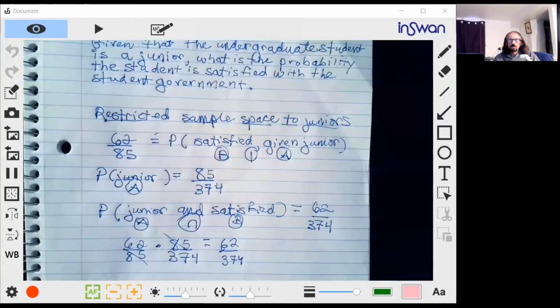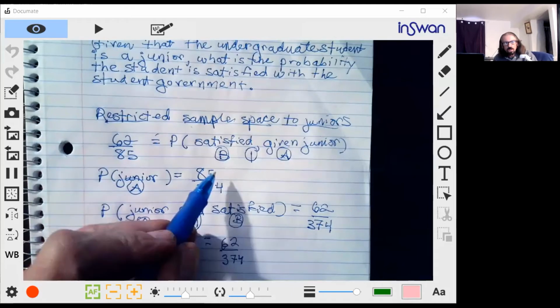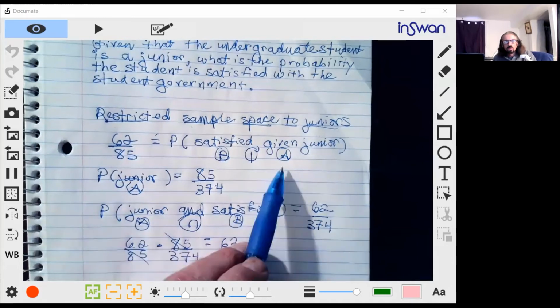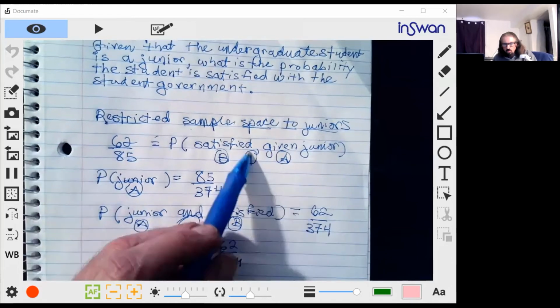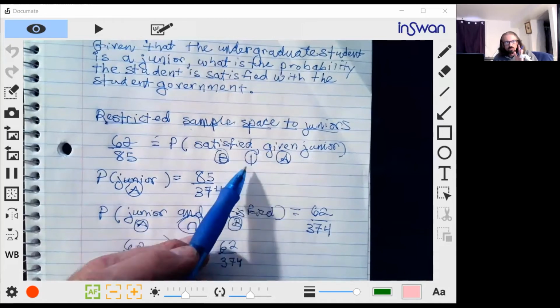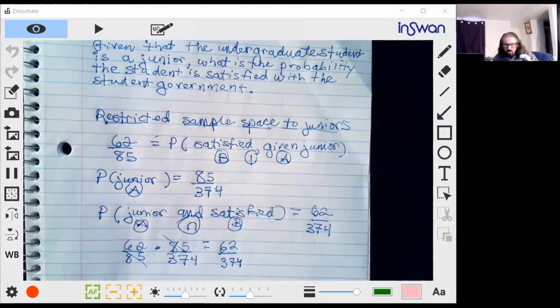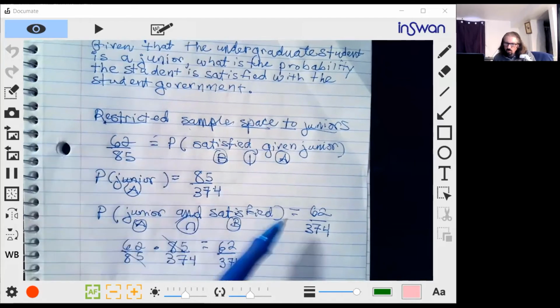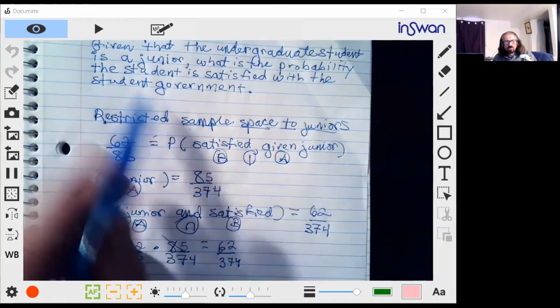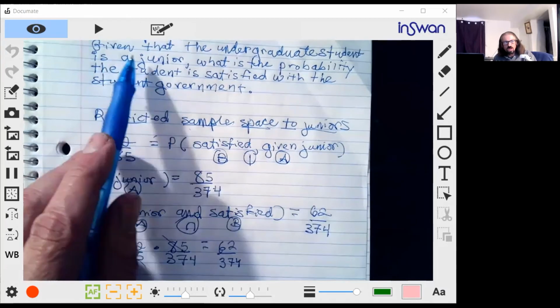If we call the event of the undergraduate student being satisfied with student government event B, and the event of that undergraduate student being a junior event A, replace the word given with this vertical line segment. Notice, by the way, that the way I wrote it here, satisfied given junior, was opposite from a more natural language approach here.